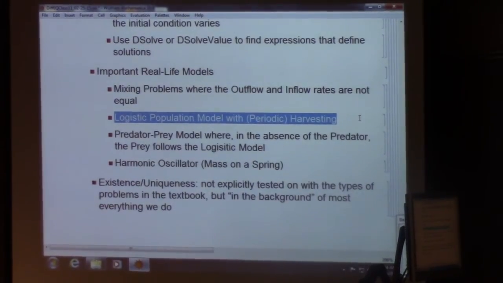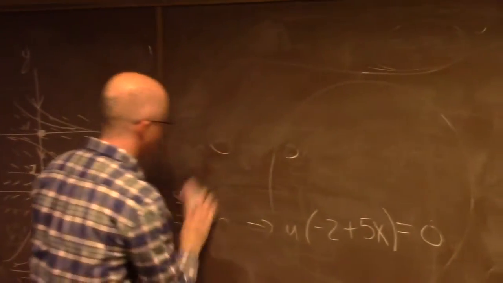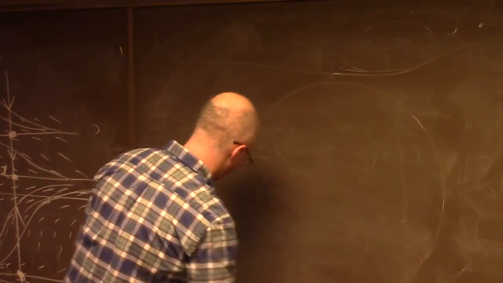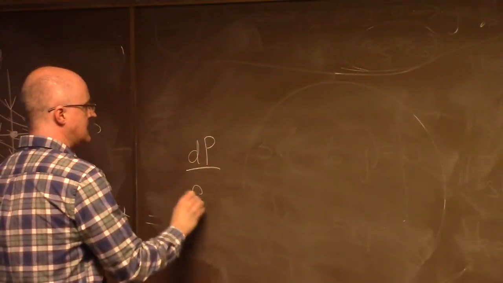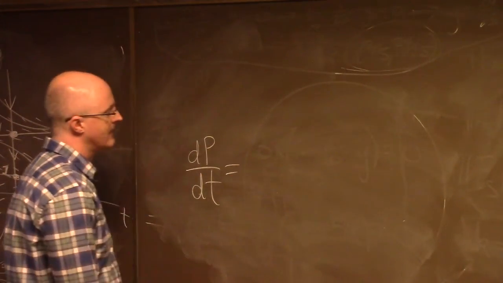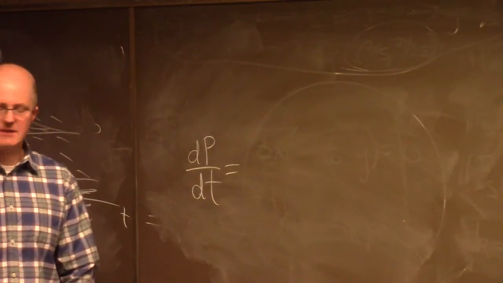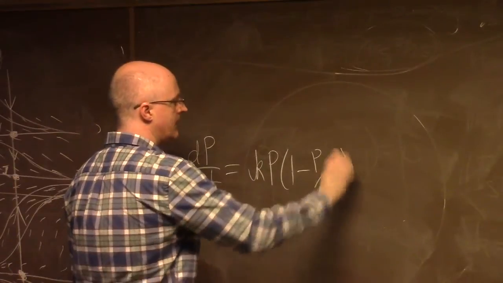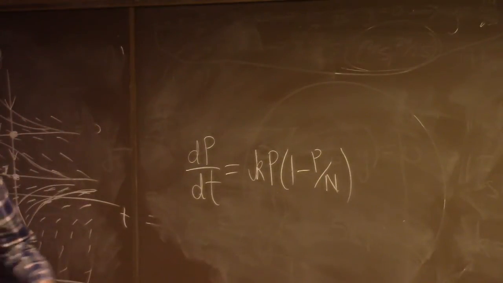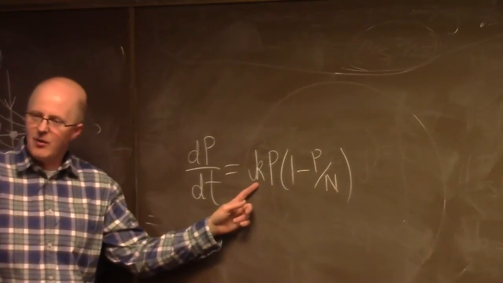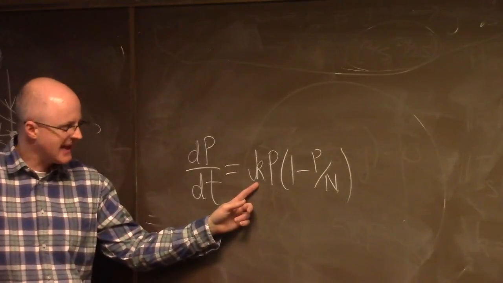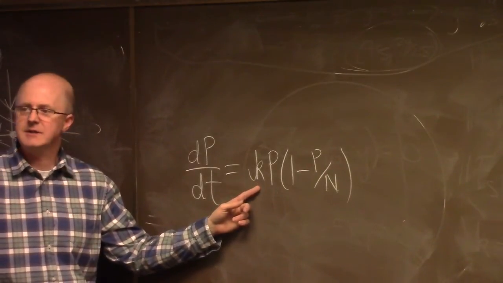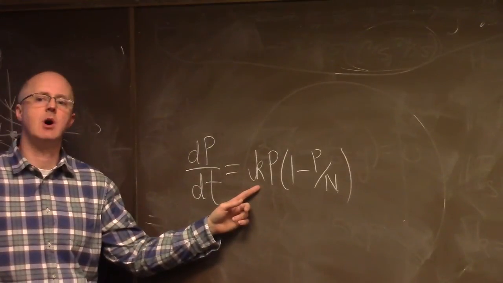Logistic model with harvesting. Let's write it with P, dP/dt. The basic logistic model looked like this, where N is the carrying capacity, and k, you could call it a constant of proportionality in a sense, but it's probably better to call it a relative growth rate when P is small.